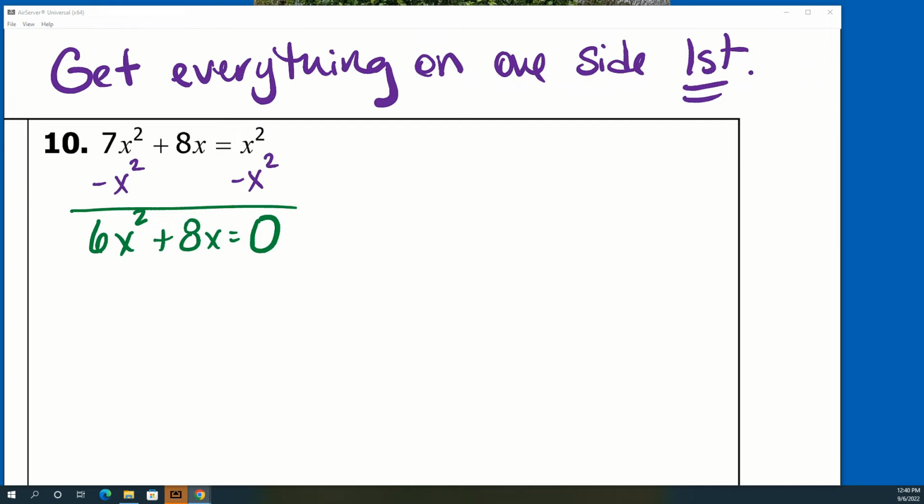Okay. And then for this one, it's just like the first one we did. This one is going to be a GCF. And the GCF is going to be 2x. So you guys factor a 2x out on your own, please.